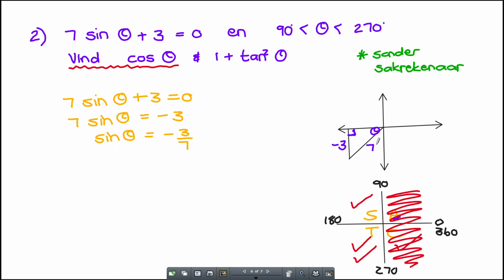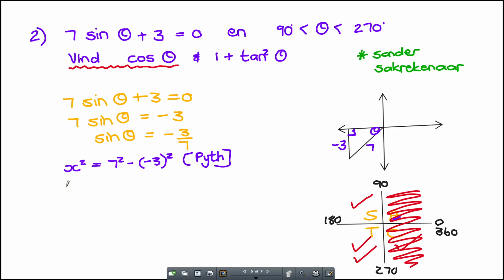Okay, so now I still got to work out that remaining side. Dit was mos ons stap 3 gewees, nee? Go work out the remaining side. Okay, so kom ons kyk gou-gou. Ons noem hom sommer gou x. So, x kwadraat gaan mos wees 7 kwadraat minus 3 kwadraat, want dit was as gevolg van Pythagoras.